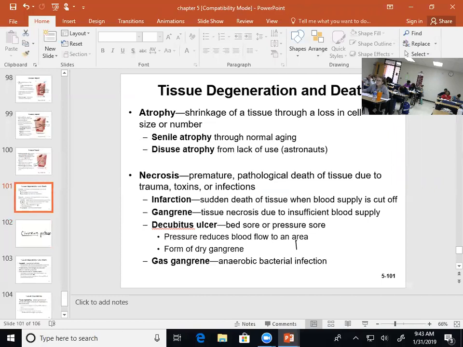So as long as there's good blood supply to tissues, would tissues ever have gangrene? But what happens when blood flow starts to slow down to the tissues? What starts to decrease in those tissues? Oxygen. And if those tissues start to lose oxygen, the tissues will start to die, and there's no oxygen there. So what can just set up house and start eating your tissues? Clostridium perfringens, and that's called gas gangrene.